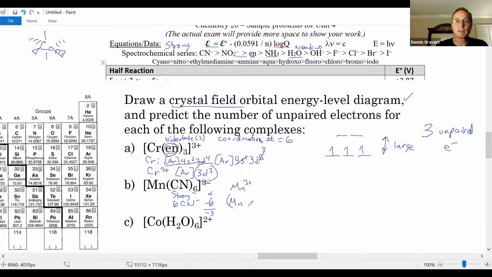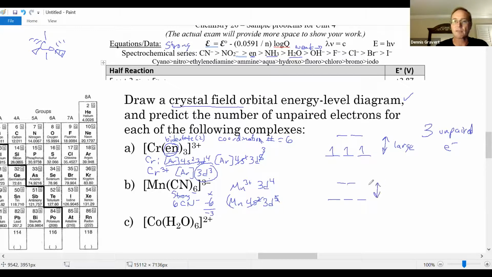So Mn has the 4s electrons, and then 5 of these. But to make a +3, you lose the 2 s's and 1 of these. It's 3d4. Okay, and then we got 3 down low, 2 up high.